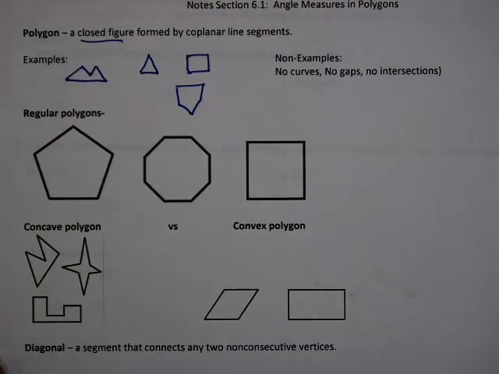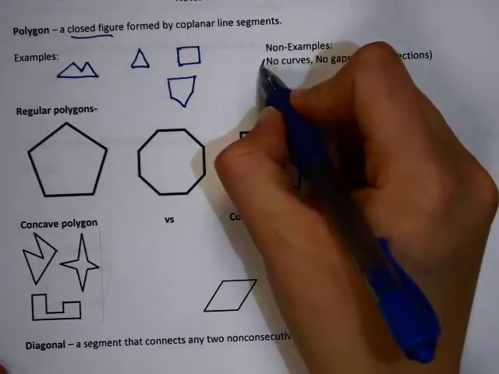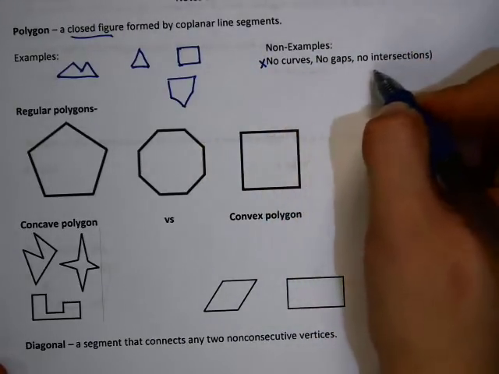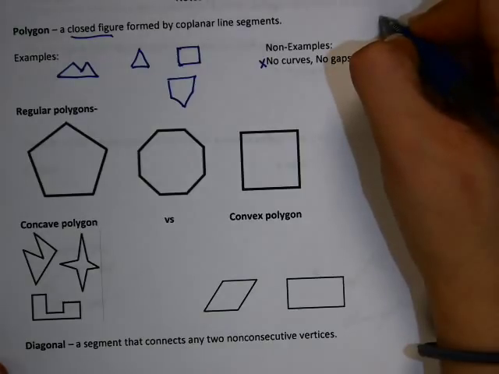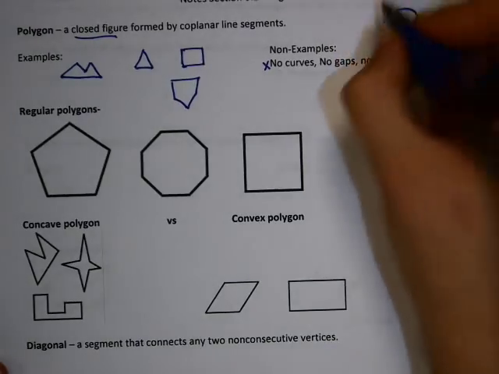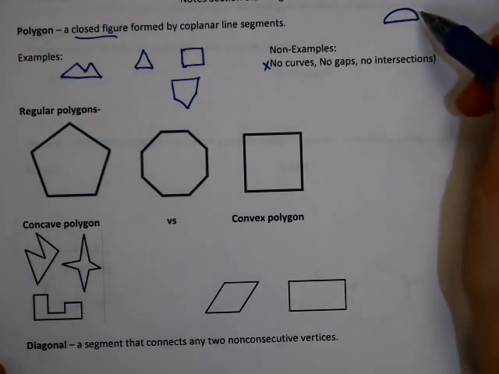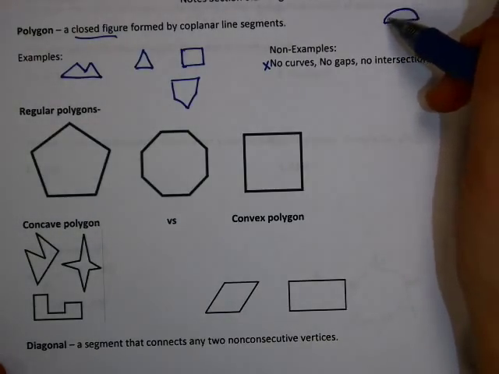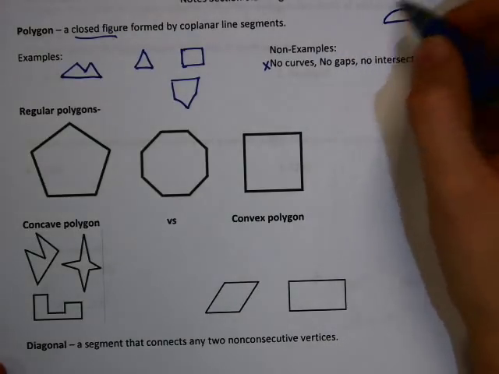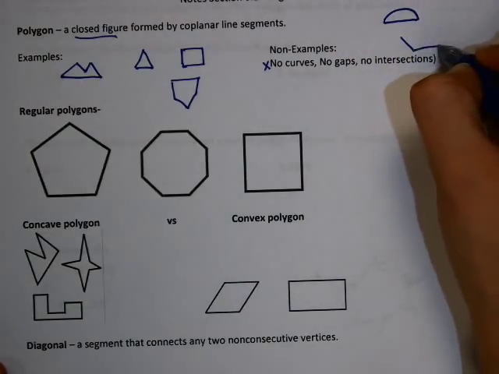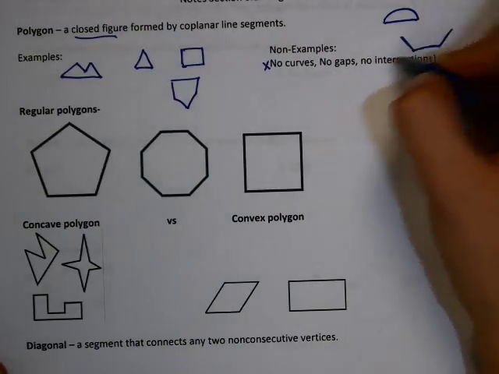A non-example for a polygon would be something that would have a curve, a gap, or an intersection. If it has a curve, this would be like a semicircle. This is a non-example. You could have an open figure. That means there's a huge gap there.